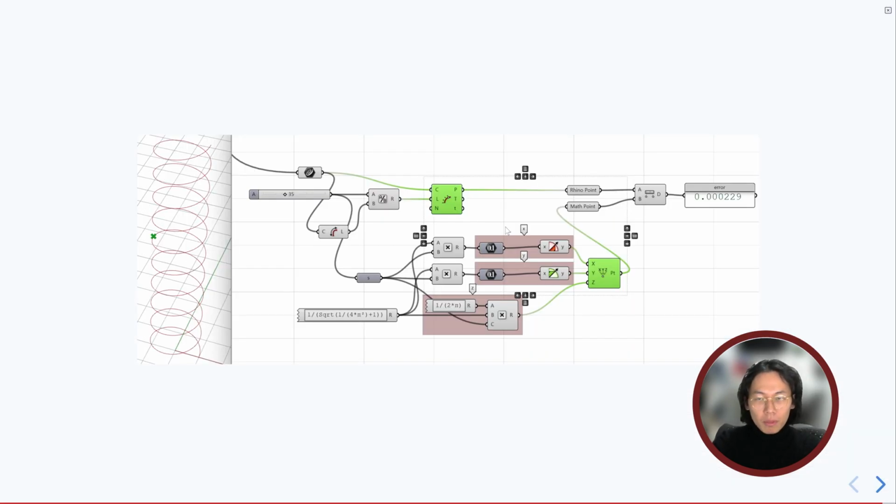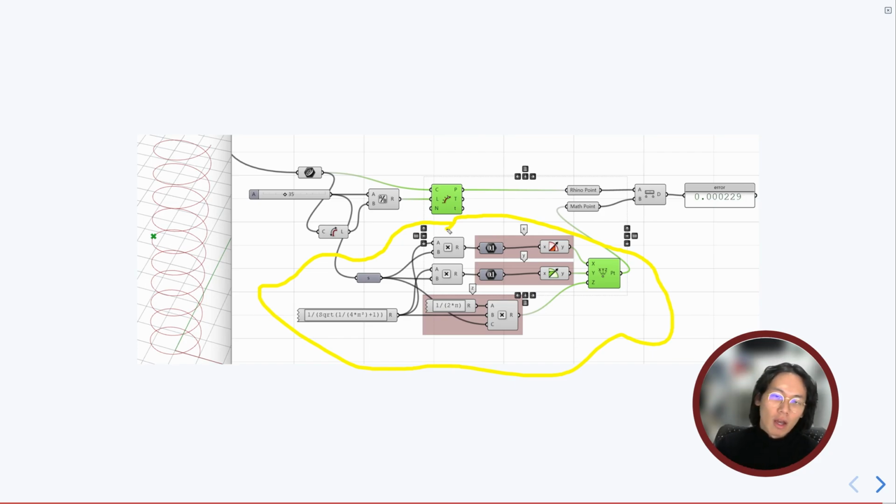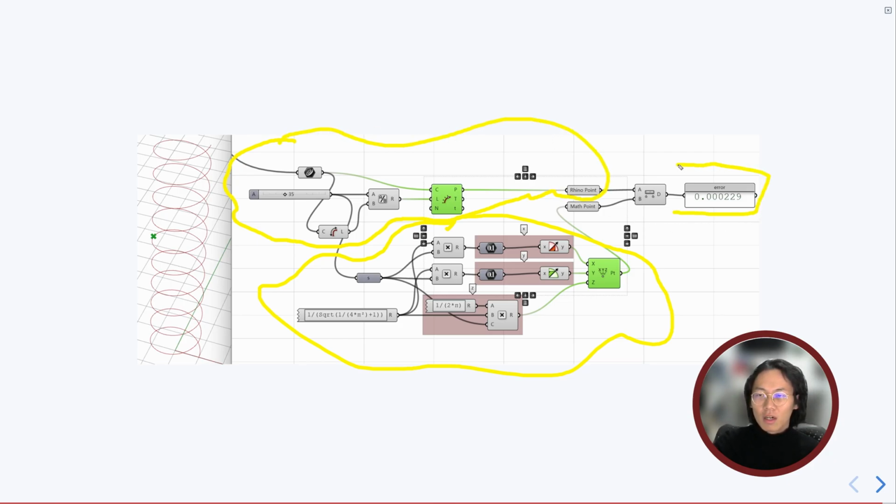So to sum up, this part is the mathematical setup from our equation and our calculation, reparameterized by arc length. And this part is derived in Rhino. As you can see, our result is pretty good.